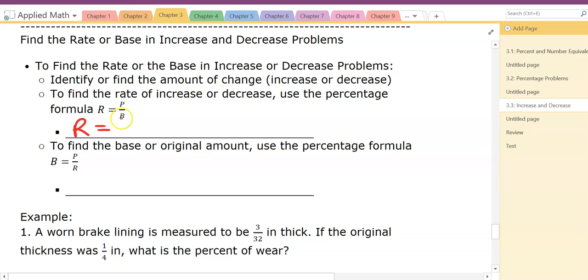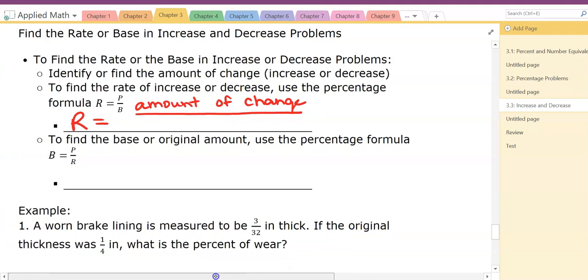And so P over B, like if we're talking about portion over the base from before, P would be talking about the amount of change. So how much it went from the original to the new over your original amount.